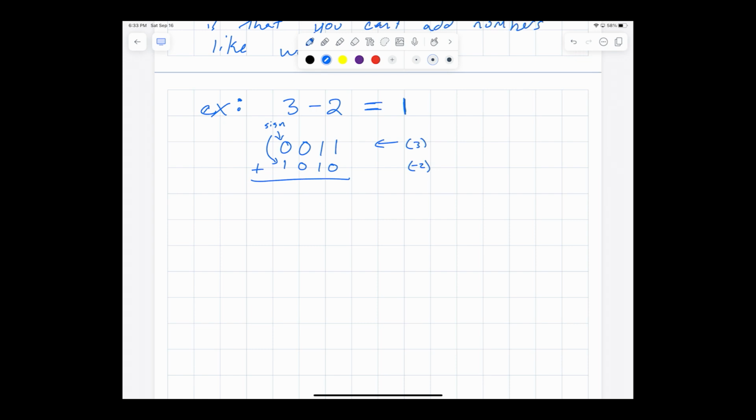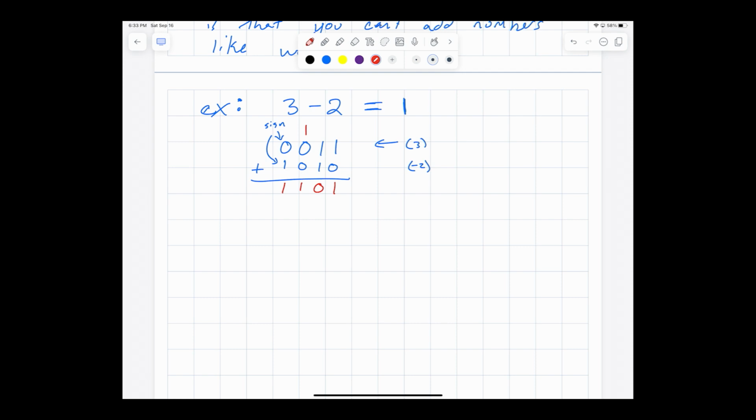But then when we add these using the normal addition, we get, starting on this side, 1 plus 0, which is 1. And then the next column, 1 plus 1 is 2, so you go 0, carry 1. And then you get 1 plus 0, which is 1. And then for the sign column, you get 0 plus 1, which is 1.